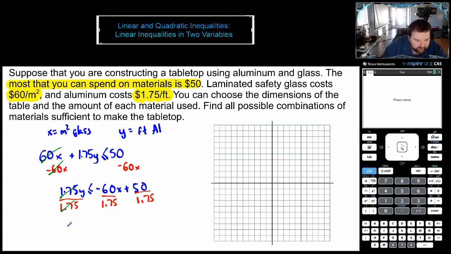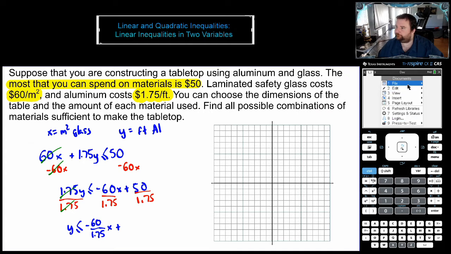So now we're going to have y is less than or equal to, I'm going to leave this one like that because my plan is to plug this into a calculator, since it's going to be a pain to sort out here. But I do want to know what my b value is, and I want a good solid number, not a fraction.